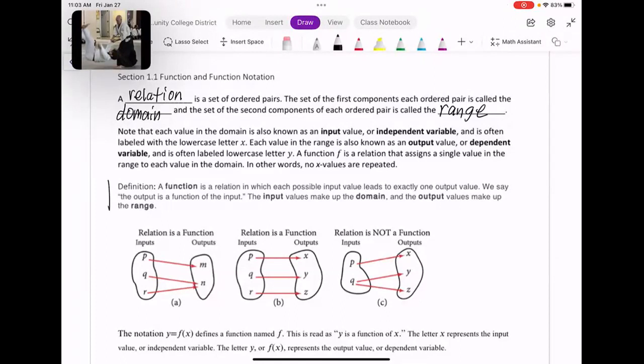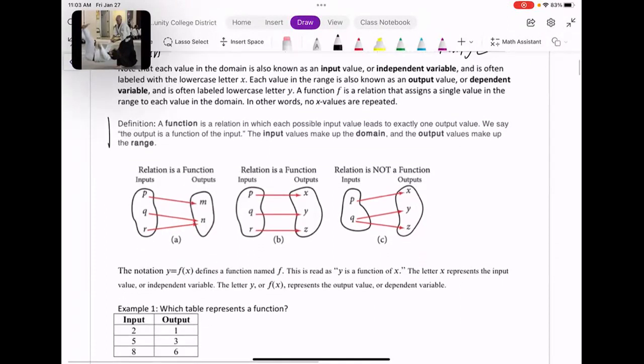And so this can be explained very nicely with a diagram here. These are relations, these pictures here. And you can see this is our domain and this is our range. And you can see each x value is being mapped to exactly one range value. Now, it doesn't matter that two different x values are being matched to the same range value.